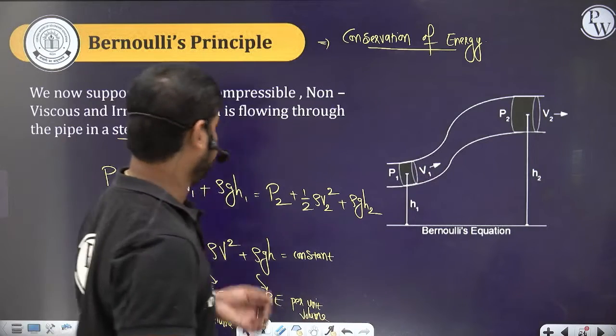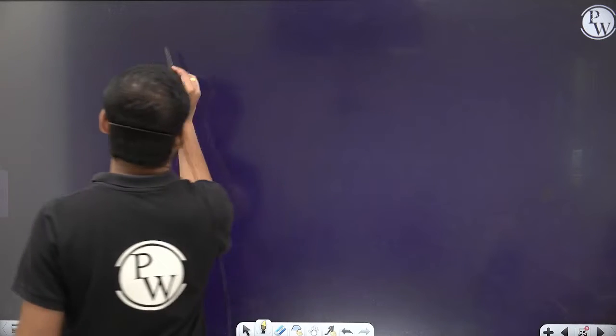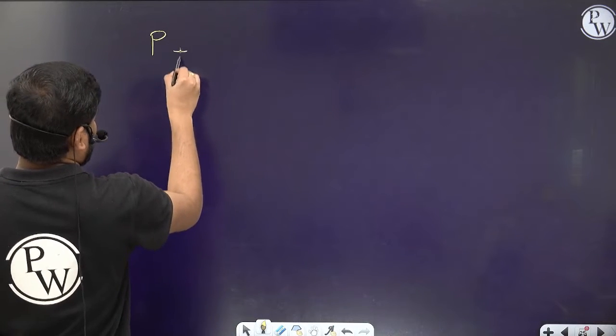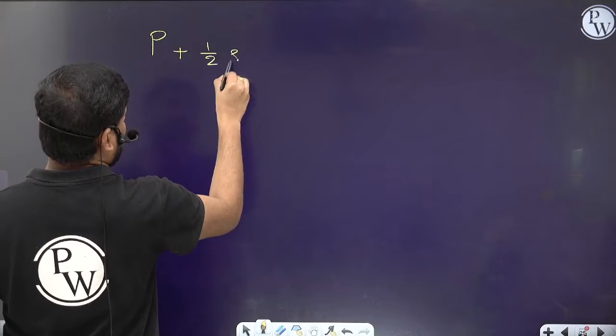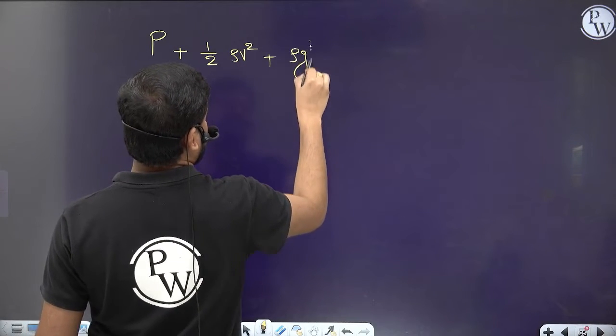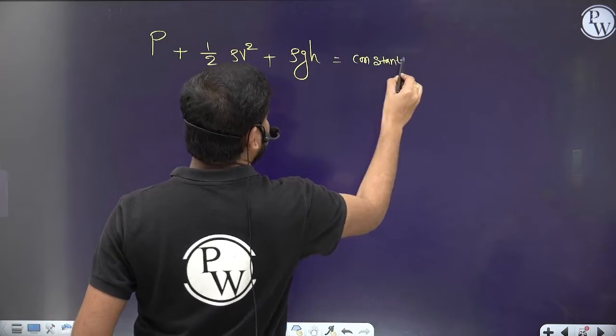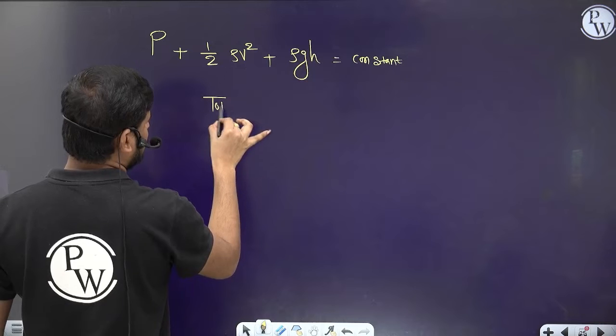Done. Now next, we can also write this as the pressure energy per unit volume plus half rho v square plus rho g h is going to be constant. So this we also can write as the total energy per unit volume.